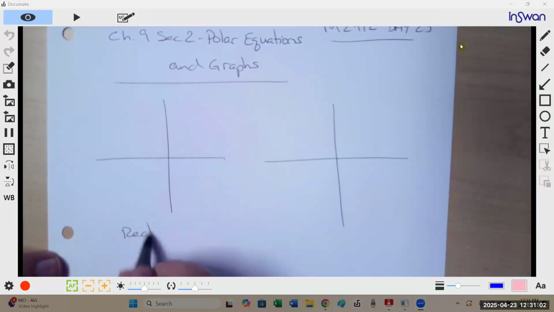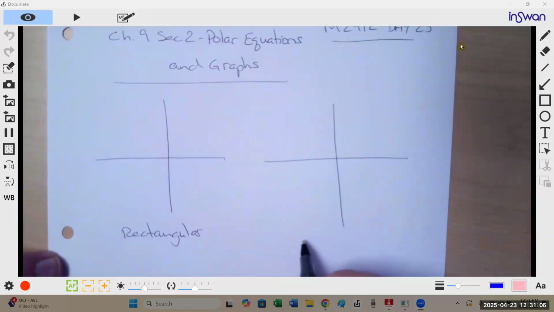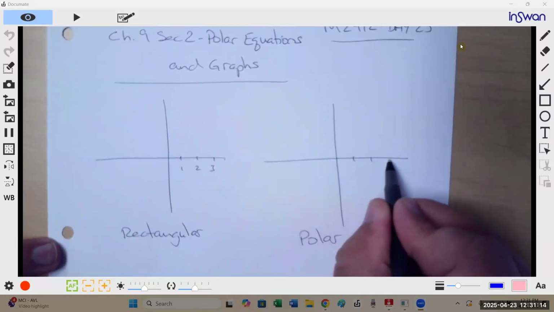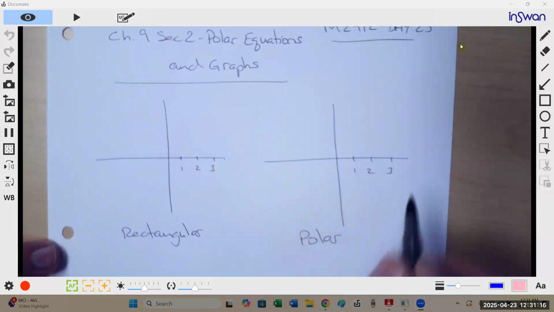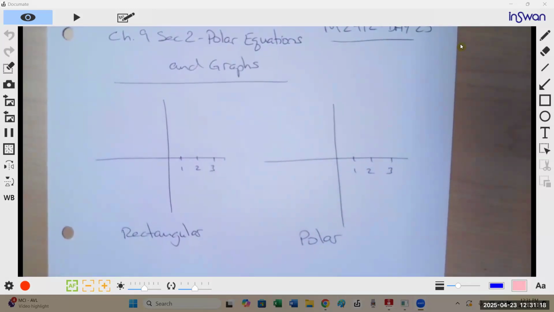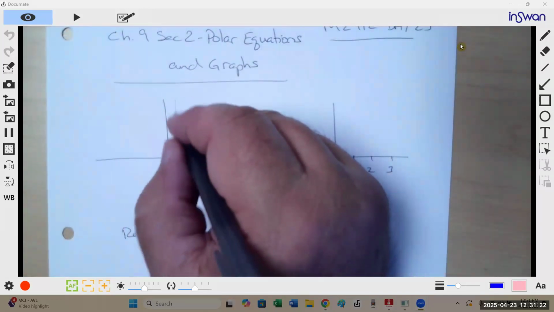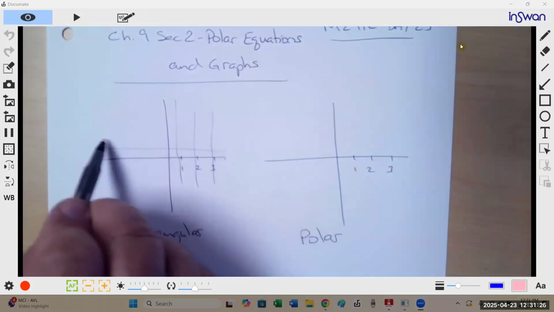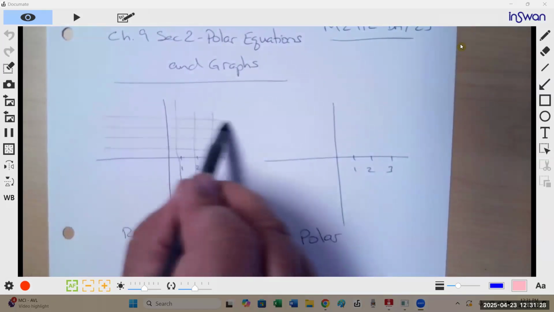Here's rectangular. This is polar. The difference between these are in rectangular, everything's made in a horizontal or vertical grid.